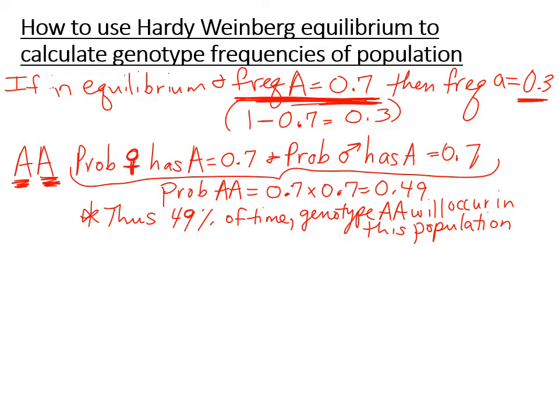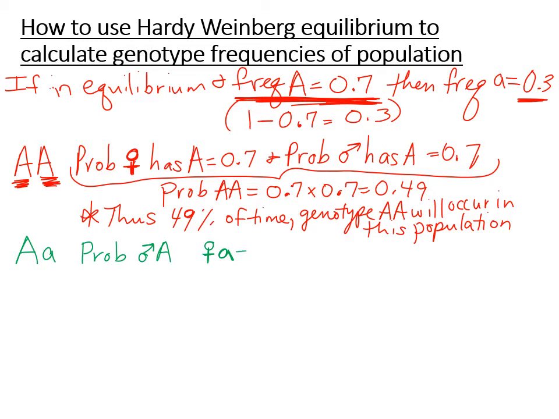Okay, so you didn't have to write all of this out that I just did, but I wanted you to know the background behind this. Then you have capital A, lowercase a. So you look at the probability of getting capital A from the male parent, from dad, okay, with lowercase a from the female parent.